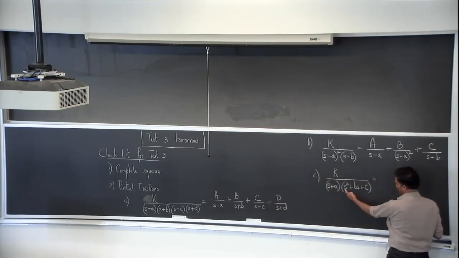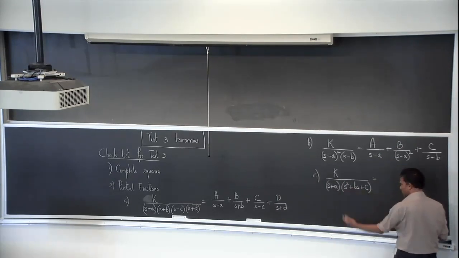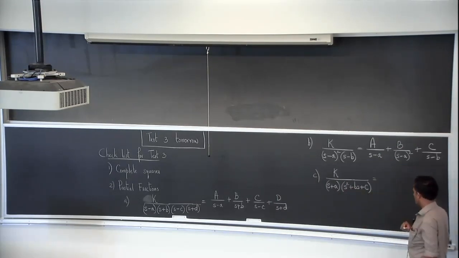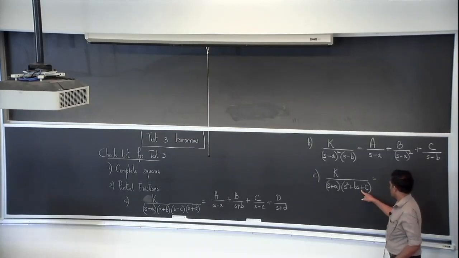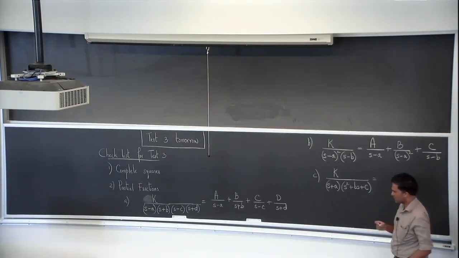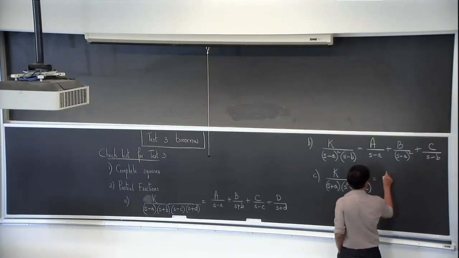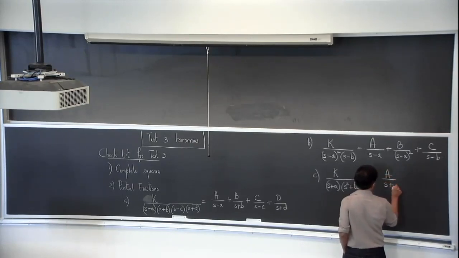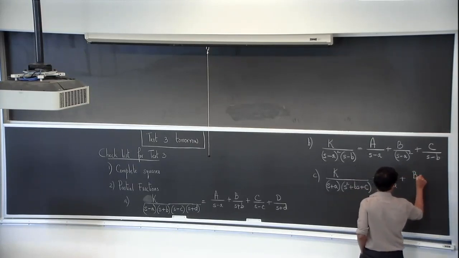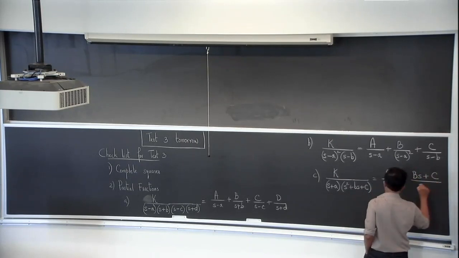For example, s squared plus 4 or s squared plus 9 is usually what you see in your problems. But the worst possible case is s squared plus bs plus c. Then you have A over s plus a plus Bs plus C over s squared plus bs plus c.